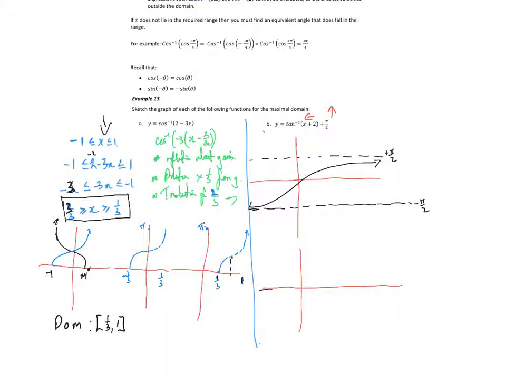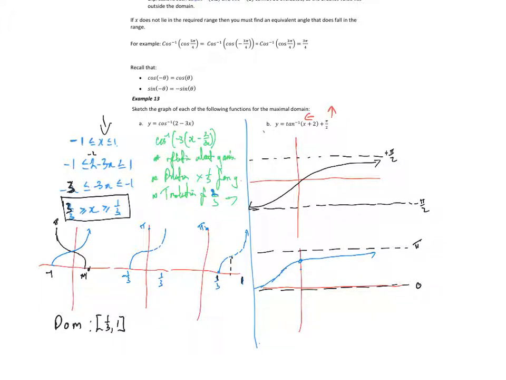So let's just put them there. Put that there. So I'm going to put 0 to pi. And my graph is going to go 2 units to the left. So that point there, that would be in the middle, is now going to be there. So the graph's going to look a bit like that.